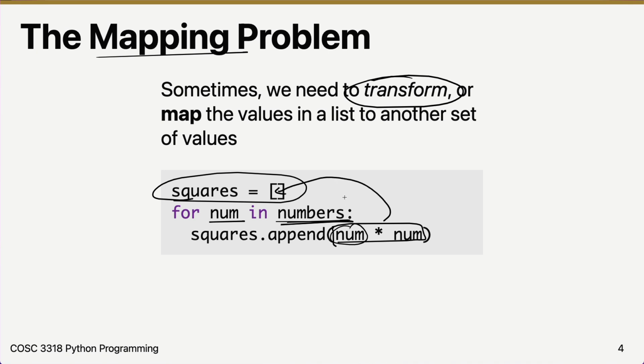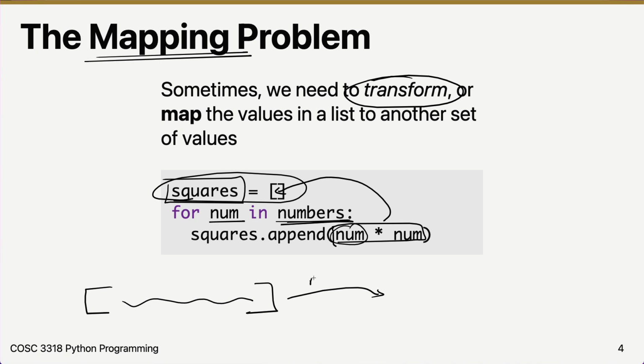So if we have 5 numbers in it, squares will contain the 5 squares of those 5 numbers. This is what's known as mapping, where we take a set of values inside a list and we map them or transform them into another list, not the original one, another one that has new values in it based on the original values. This is a mapping problem.